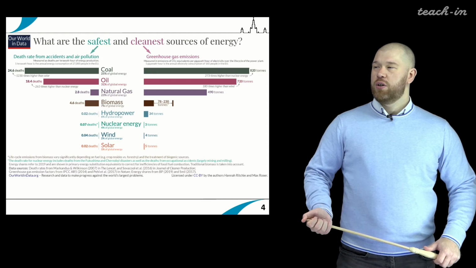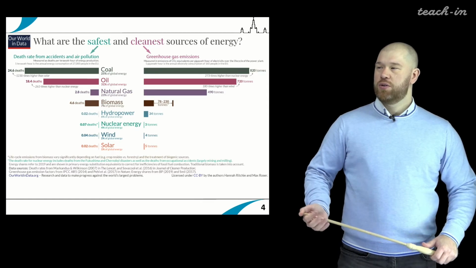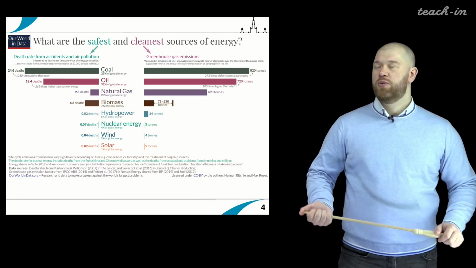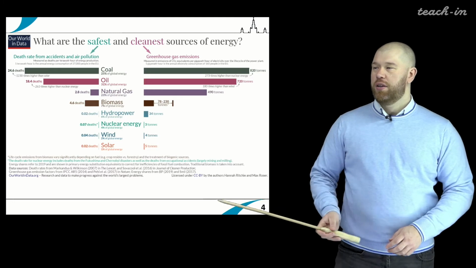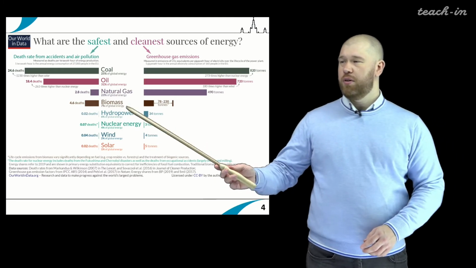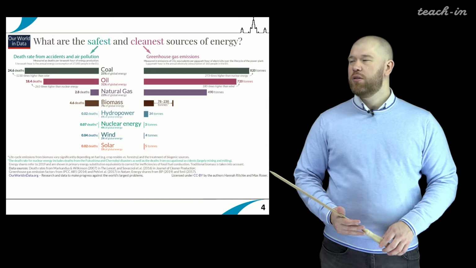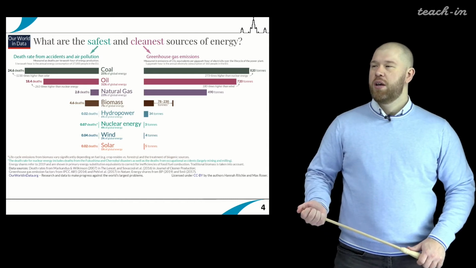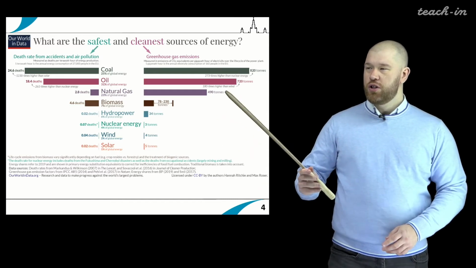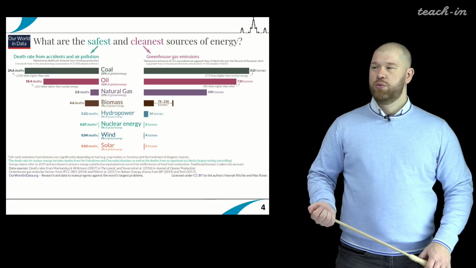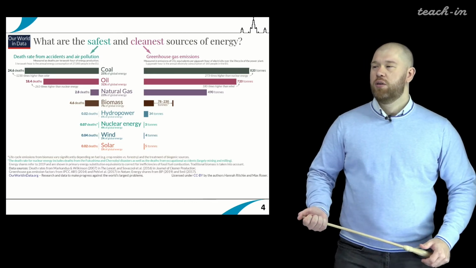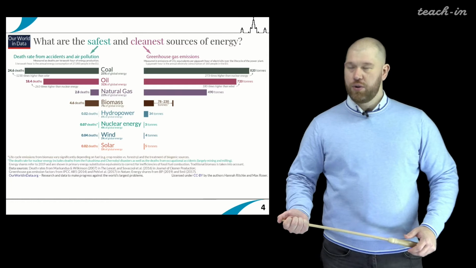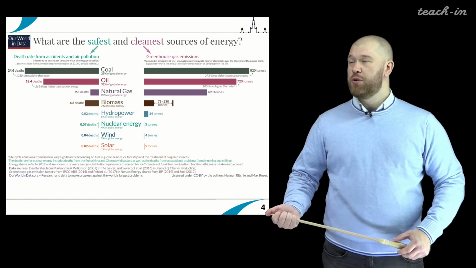And you can see two parameters of energy production: the deaths per kilowatt or megawatt of the energy produced, and the emission of CO2 in the atmosphere, also by the unit of energy produced.